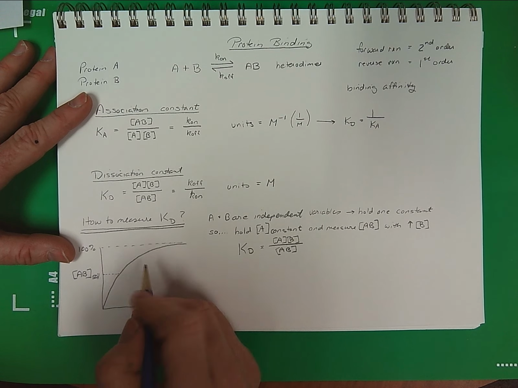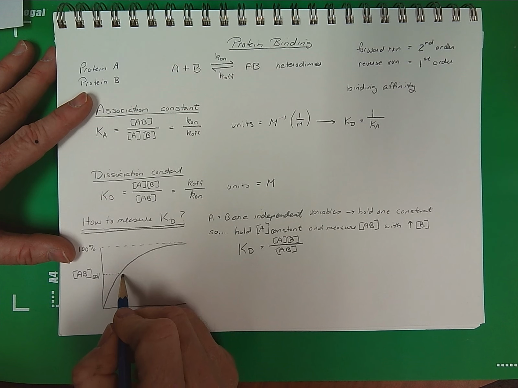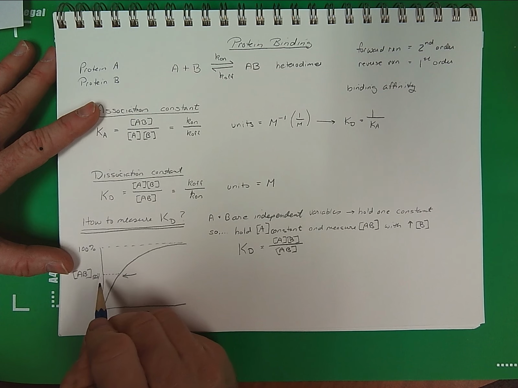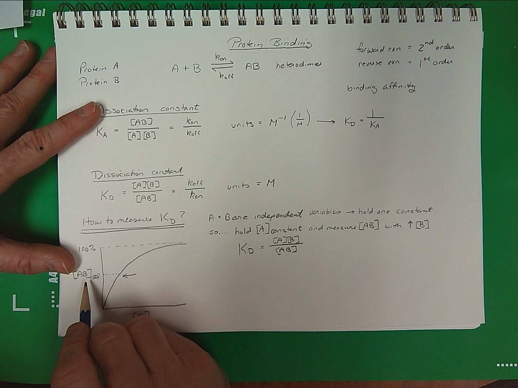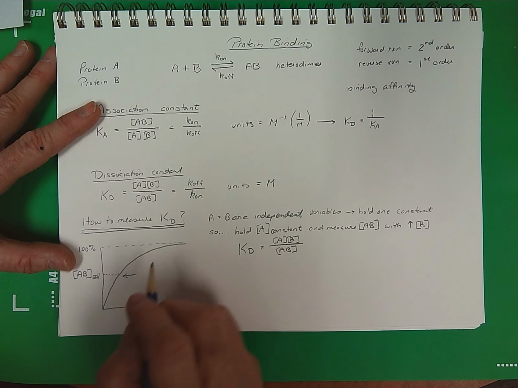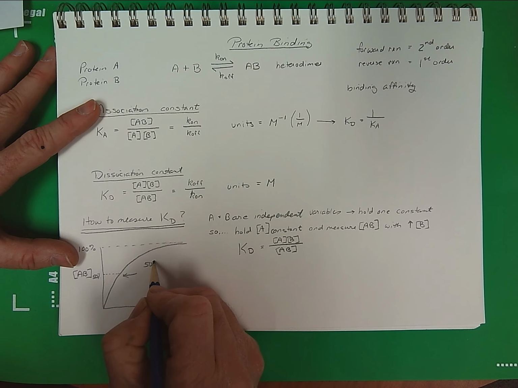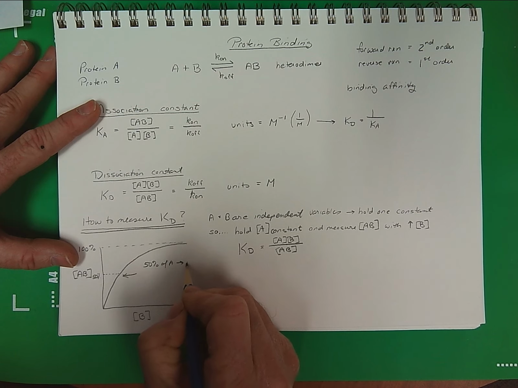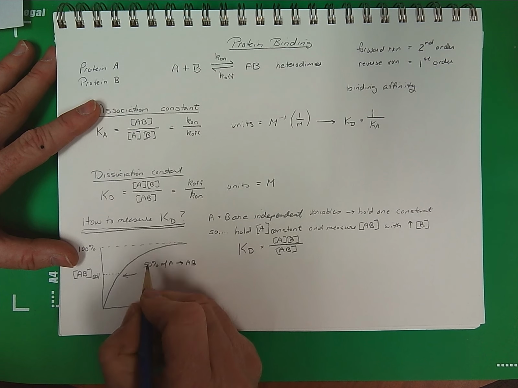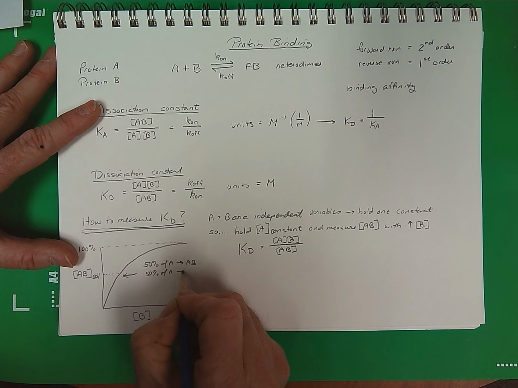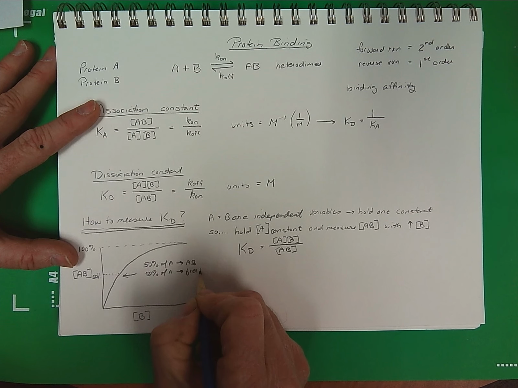At this 50% point, what this means is that of all of the A we have in solution, 50% of it is associated with the AB product. The other 50% of A is free A.